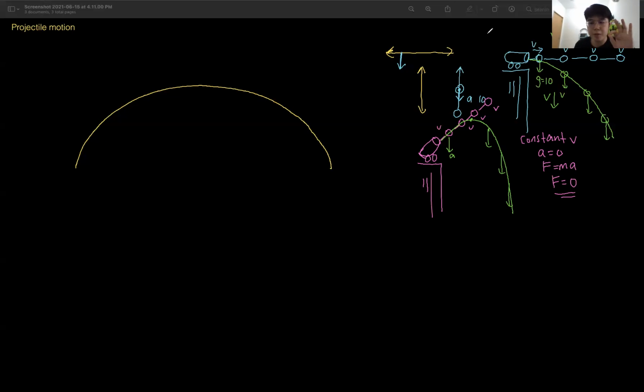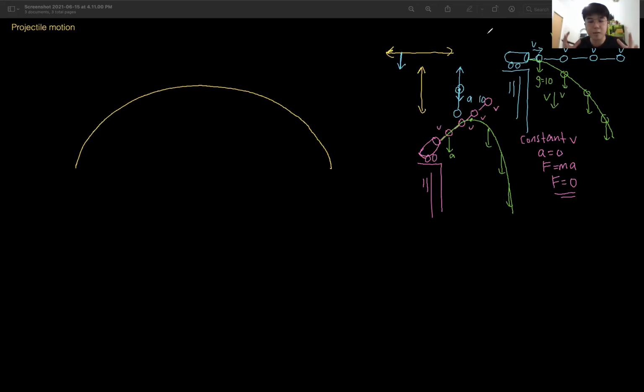Okay, so many students, when they see the object moving here, think that there must be a force acting in this direction. No. Okay, you cannot look at it like this. Force creates acceleration. So if the object is moving at constant velocity, there's no acceleration, right? So is there any force pushing it? No force. It's a balanced force system.